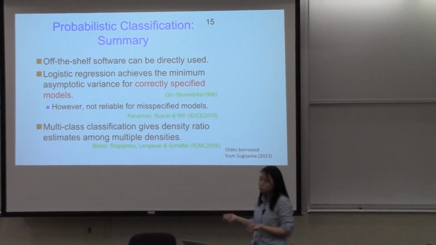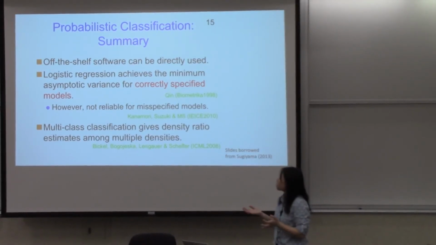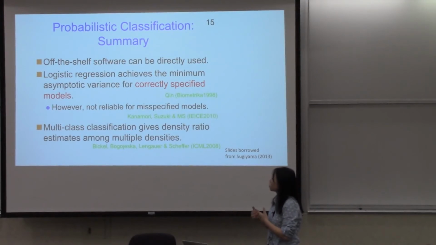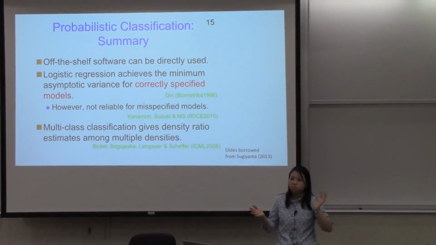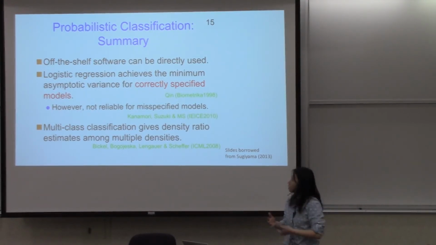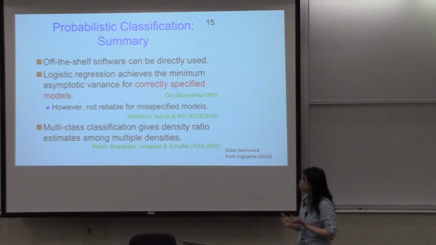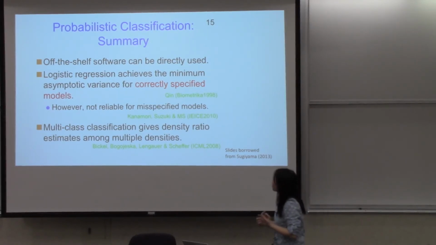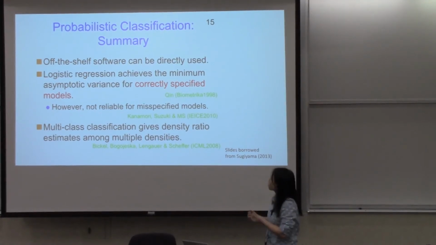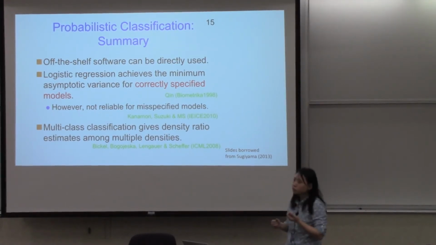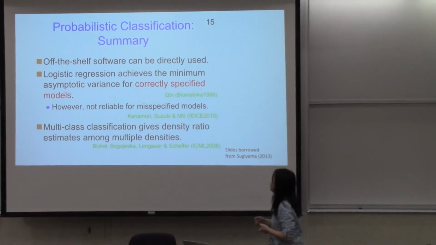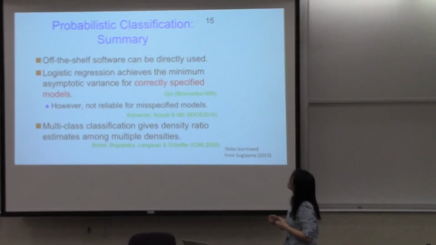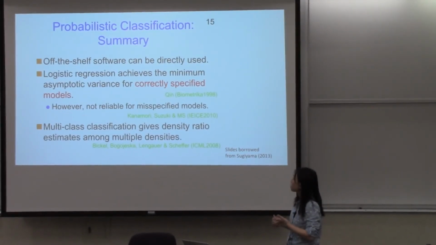So as a summary, the good thing for this method is you can use any probabilistic classification method you have. You can use off-the-shelf software, and there are also some theoretical properties proved: it asymptotically achieves the minimum asymptotic variance for the correctly specified model.